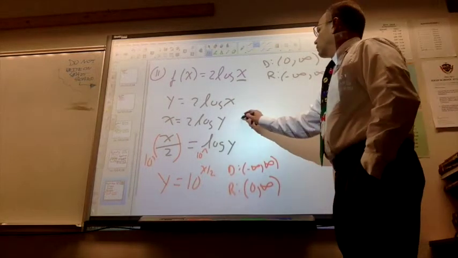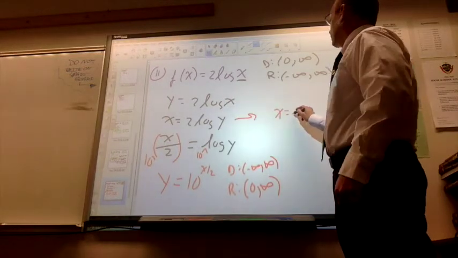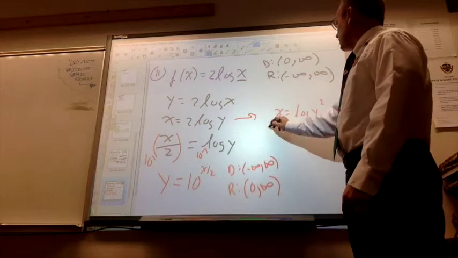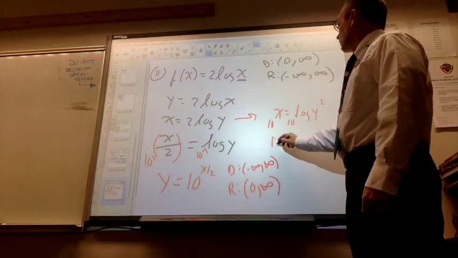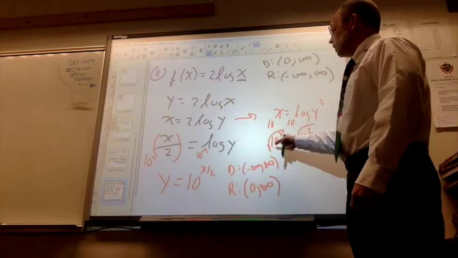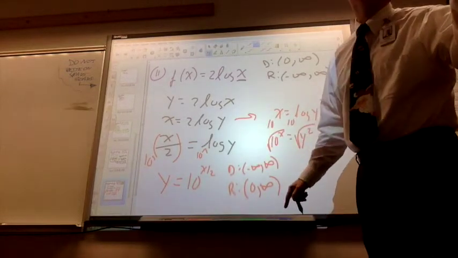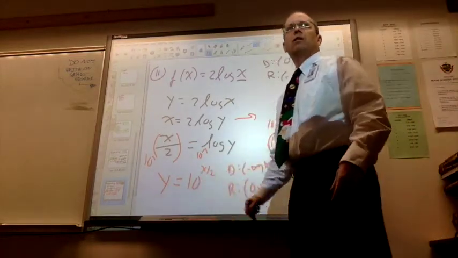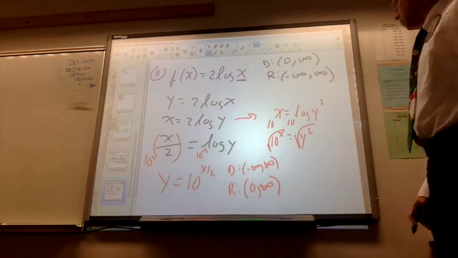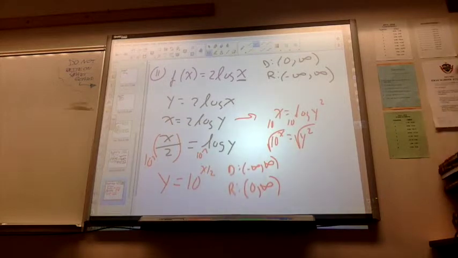So going this way, like that. And then 10 to the x is equal to y squared. If I take the square root, same thing as the 1/2 power, right? 1/2 power times x is that. So it's your choice which way you want. X over 2 is my exponent.